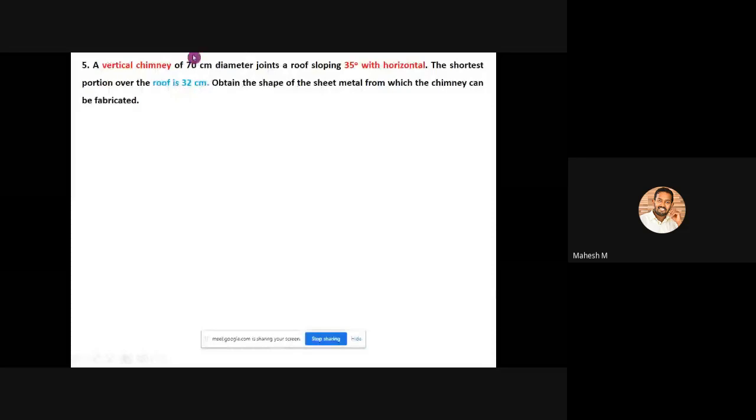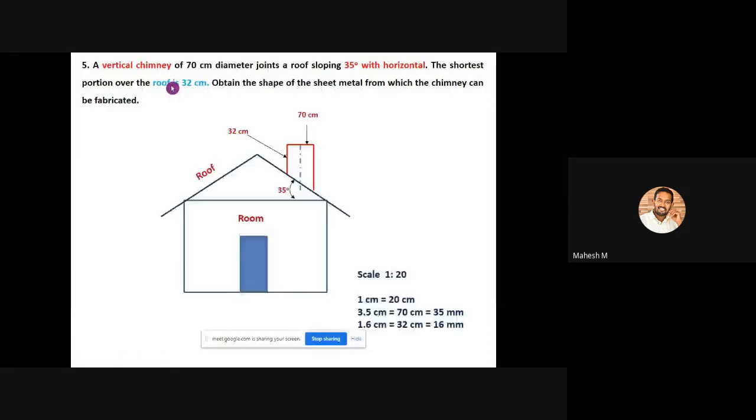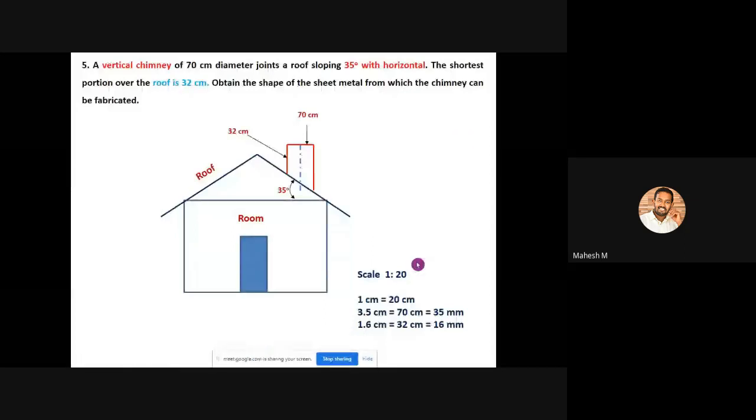Like if you are converting 70 centimeter into 70 millimeter, then you have to convert this 32 centimeter into 32 millimeter. So here these are the scale calculations. You have to mention this scale calculation in the problem. It is very important.